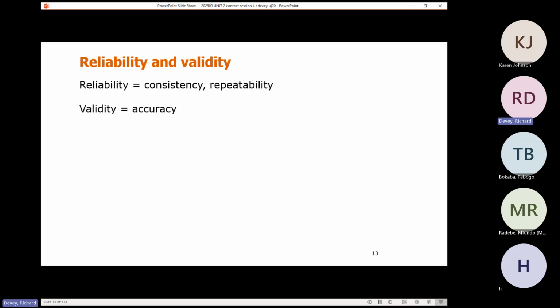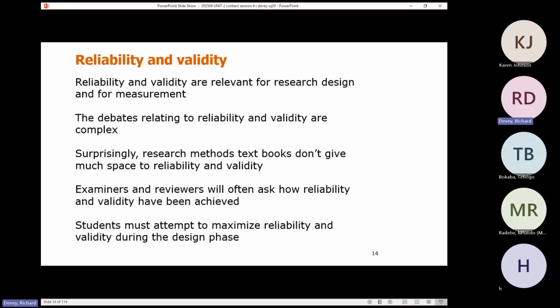These are both important concepts for research projects. The debates relating to reliability and validity are quite complex. It seems like a simple concept to say validity is accuracy, but as you'll see as we go through the definitions, there are lots of different types of validity, and also different types of reliability.